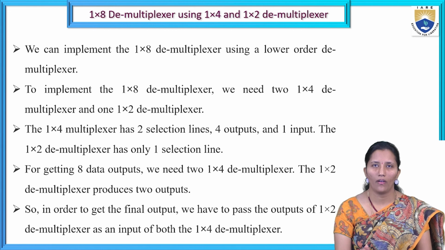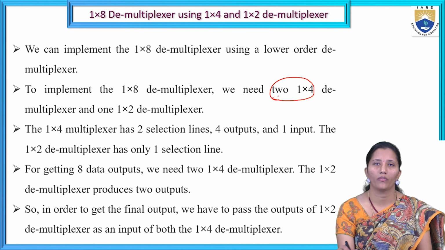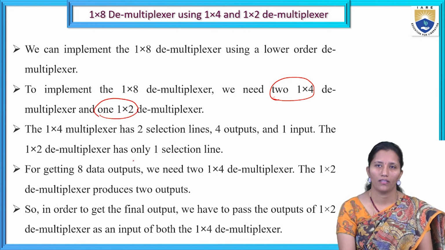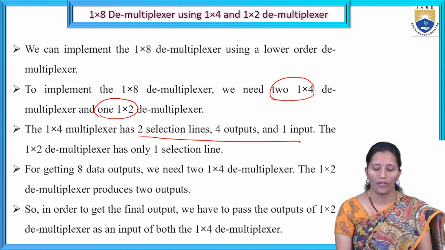So here we have 1 to 8 demultiplexer using 1 to 4 and 1 to 2 demultiplexers. To implement the 1 to 8 demultiplexer, we are using two 1 to 4 demultiplexers and one 1 to 2 demultiplexer. We already know a 1 to 4 demultiplexer has one input, 4 outputs and 2 selection lines, whereas a 1 to 2 demultiplexer has one input, one selection line and 2 outputs.